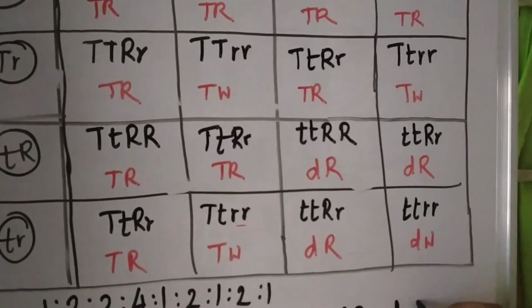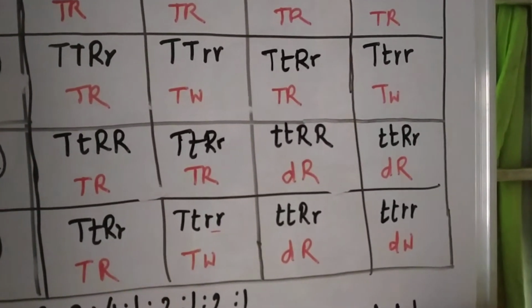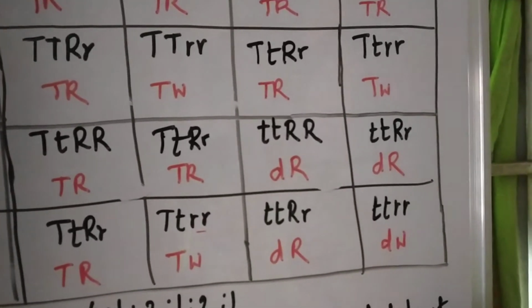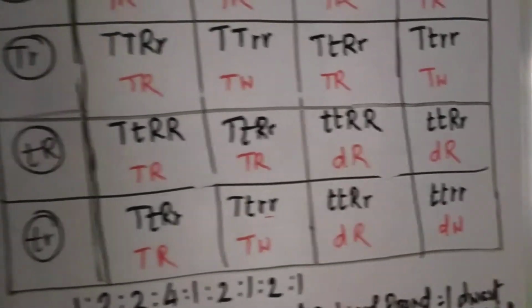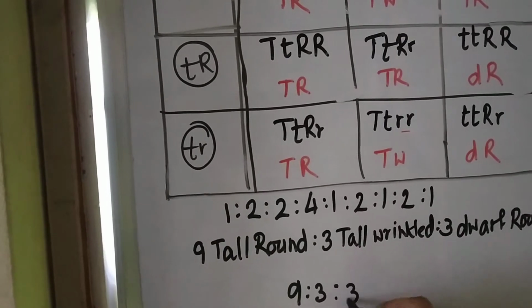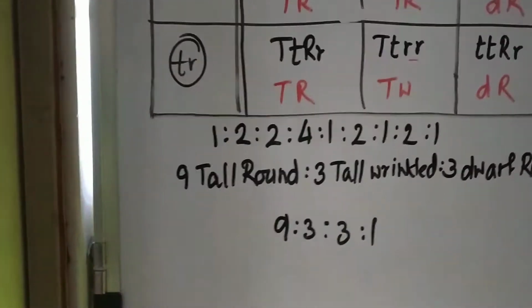And 1 dwarf wrinkled. That is, the phenotypic ratio is 9:3:3:1. This is the phenotypic ratio.